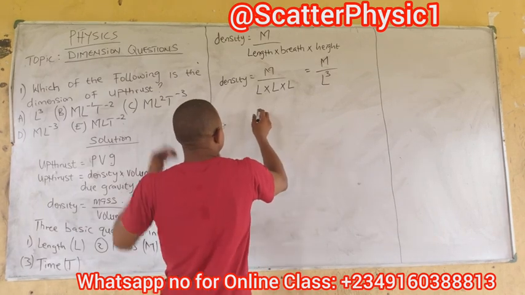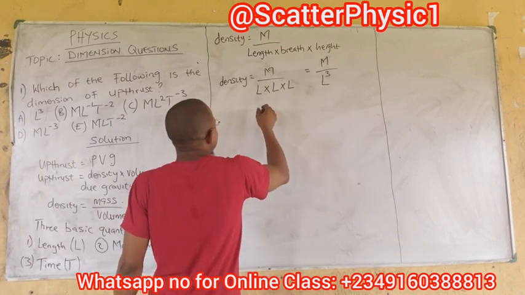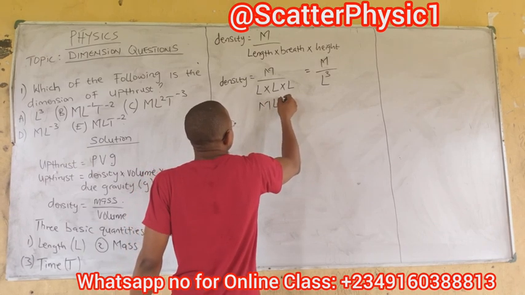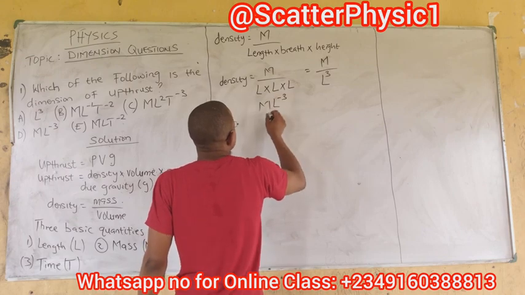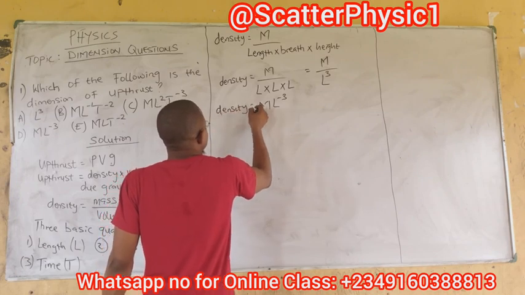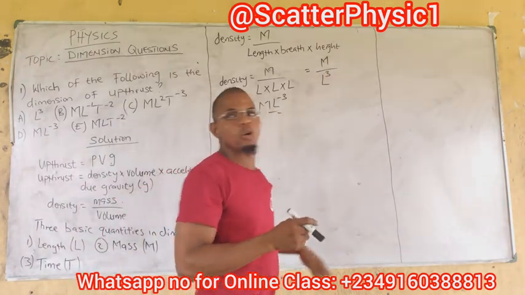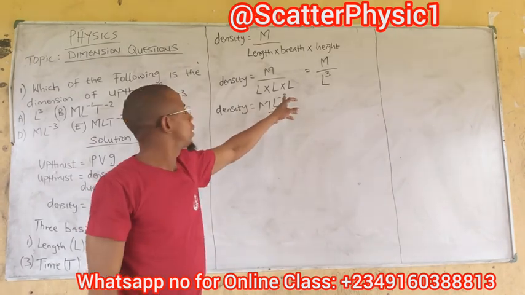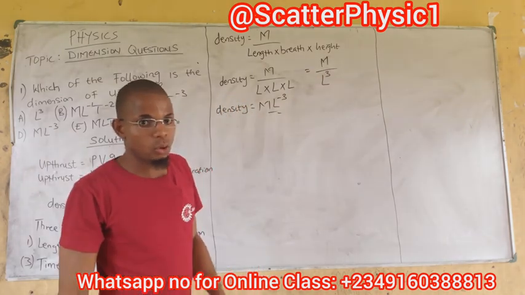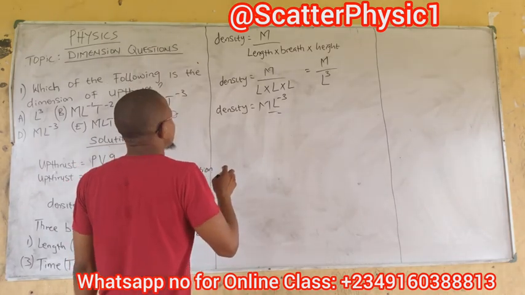Then, to remove the division sign, we have M L to the power minus 3. That's density. Remember that whenever you see division, you make use of minus. Minus is the same thing as the division sign.